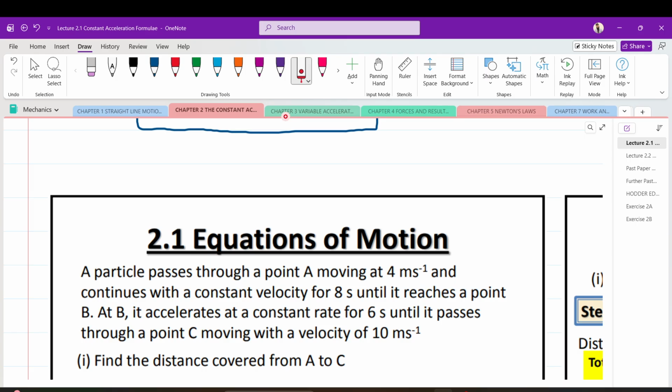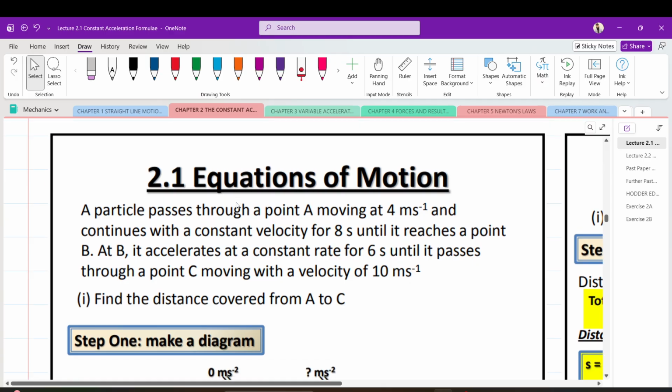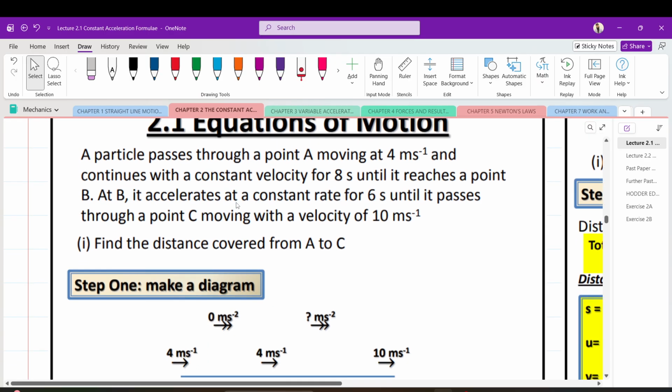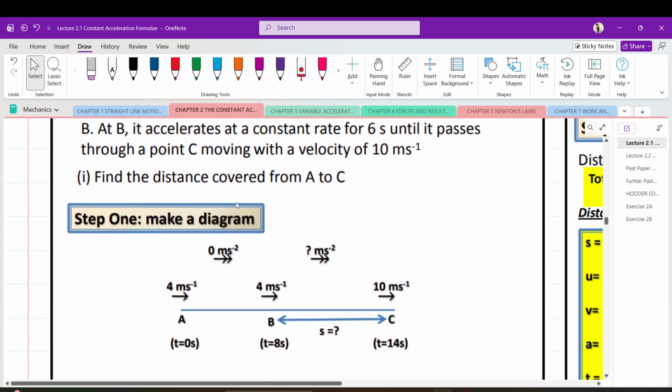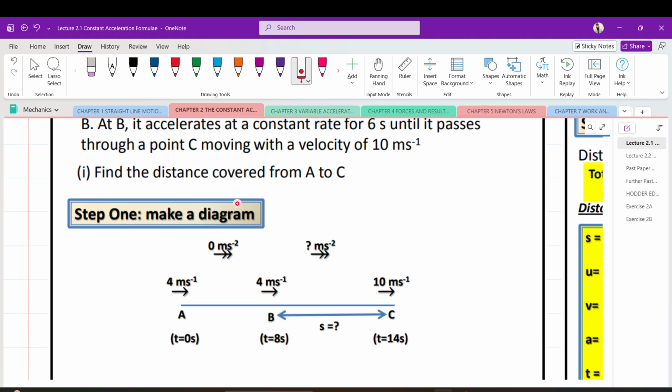Now remember, first and foremost, what you have to do is make a sketch. Just make a quick diagram, so that you know what the situation is. The diagram does not have to be really fancy. Just make a straight line with 3 points A, B, and C. Now what information is given to us at t = 0? The particle was moving at 4 meters per second and it was moving at constant velocity until it reaches point B. So that means from A to B the acceleration is 0.